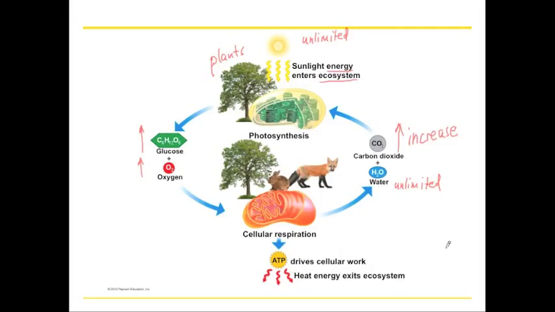Now, here's a question that we have to ask: are there any other limiting factors in this that might mean that the carbon dioxide accumulates and is not being used? If you think about this for a minute, maybe you'll say, well, if we are not sure where the carbon dioxide goes, one place to look is how many plants we have.